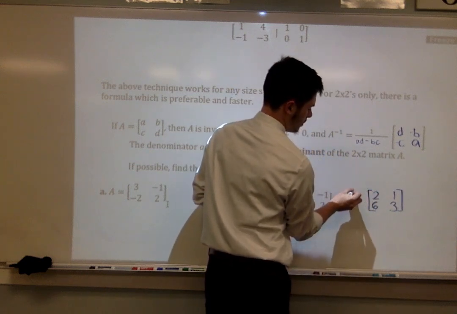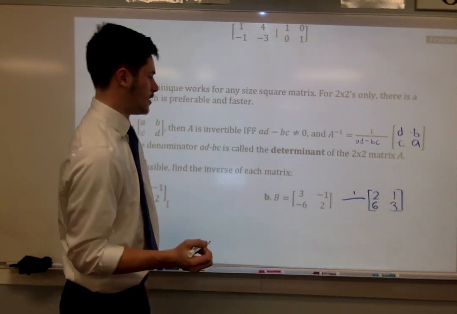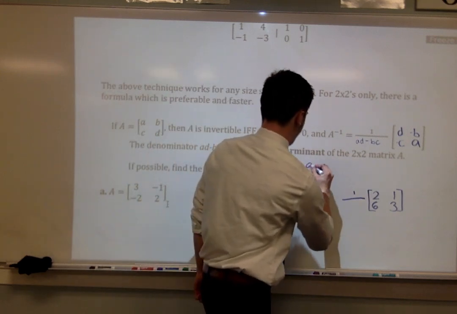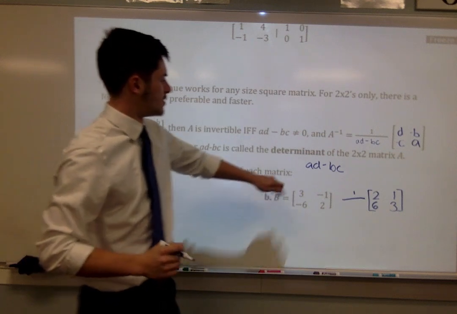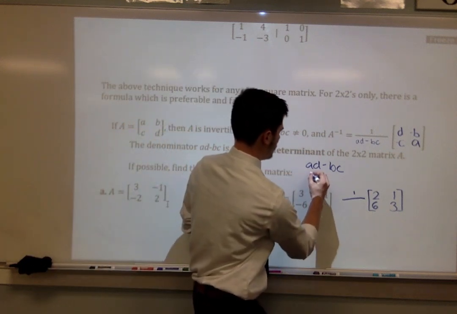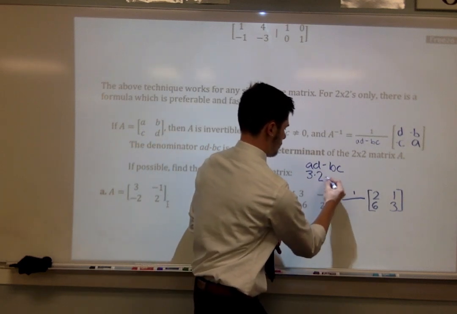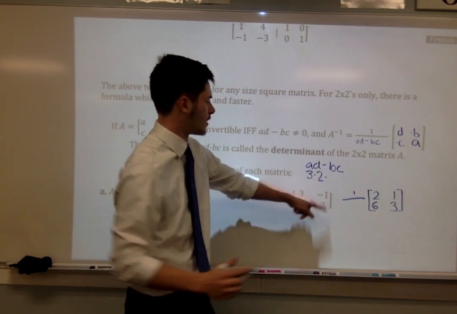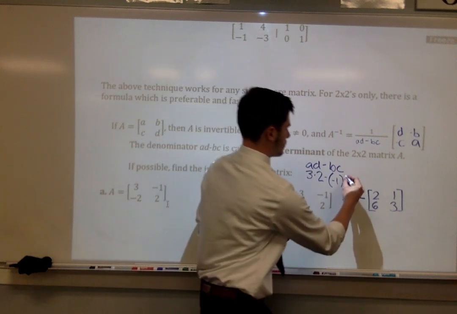So we've got a 1 over AD minus BC, and AD minus BC. So we'll take A, 3, times D, 2, minus B, negative 1, times negative 6.